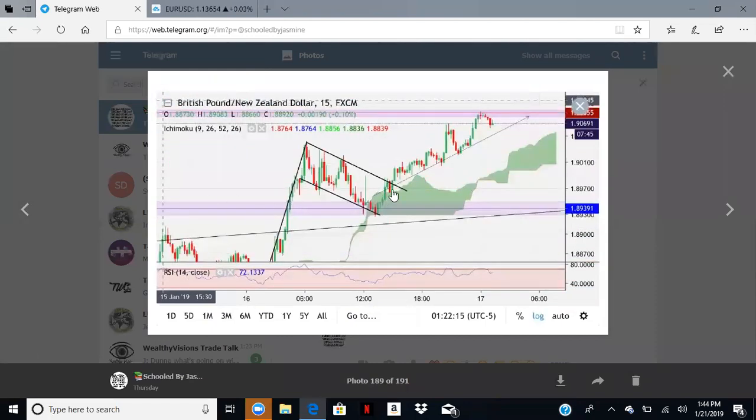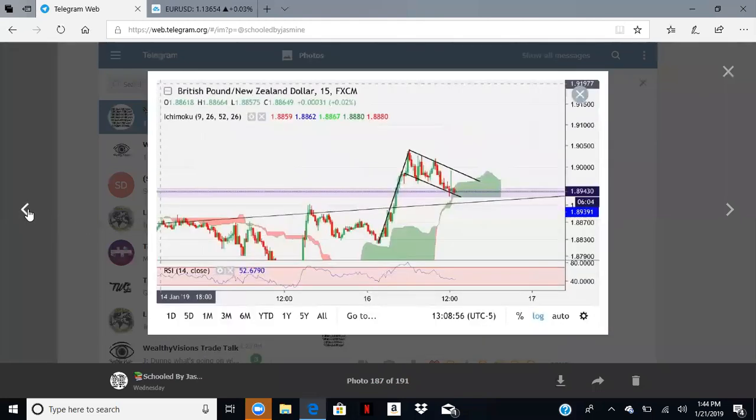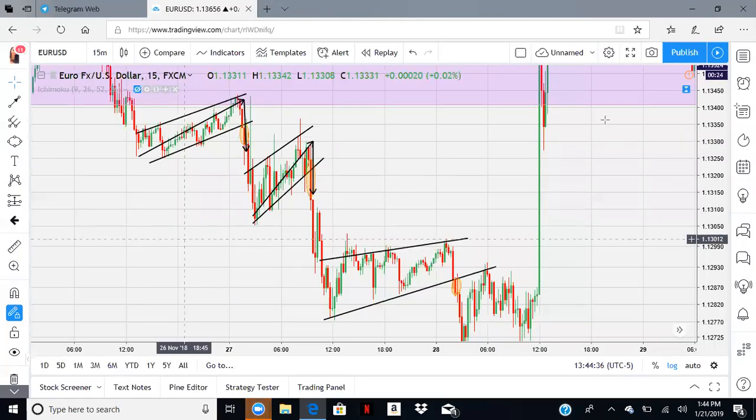I trapped price here, broke out up, so we buy. Does that make sense, guys? I'm literally just trapping consolidated areas and waiting for a breakout. And then I'll go through a whole other chart and go through it quicker. But everything is just kind of step by step right now.